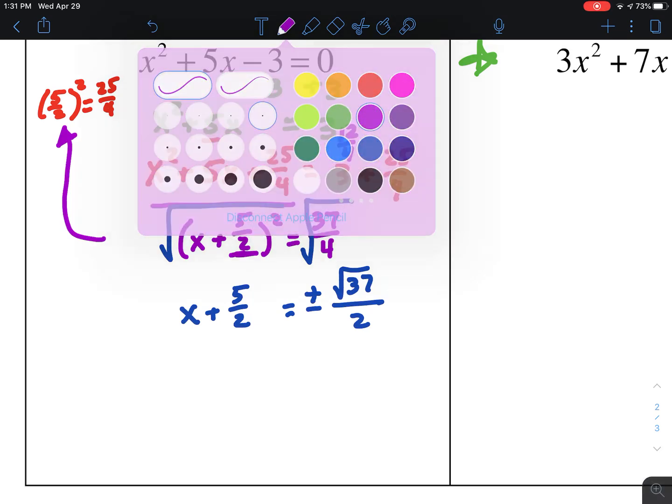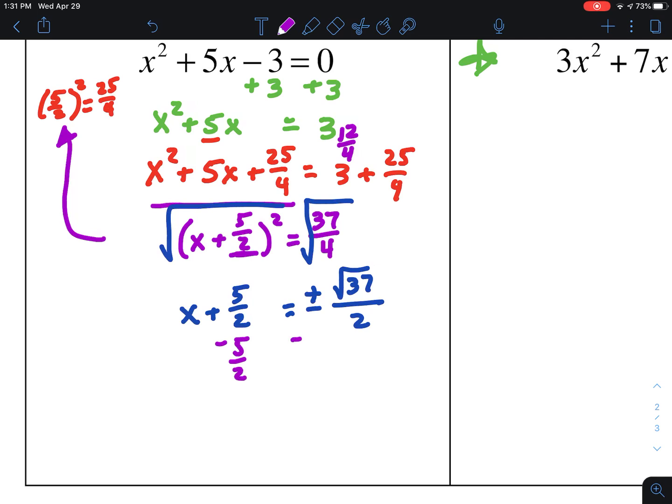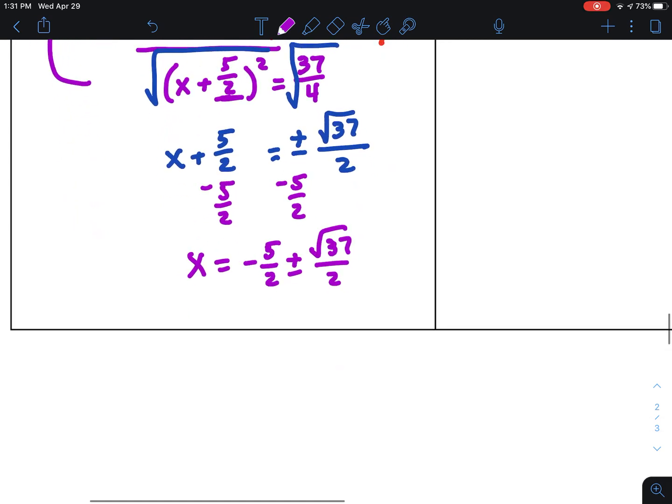So last thing I want to do is subtract 5 halves from both sides, and I get x equals negative 5 halves plus or minus the square root of 37 over 2.